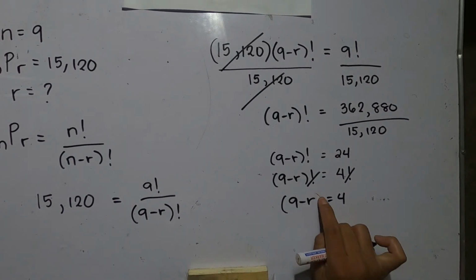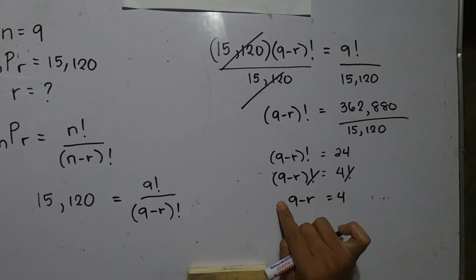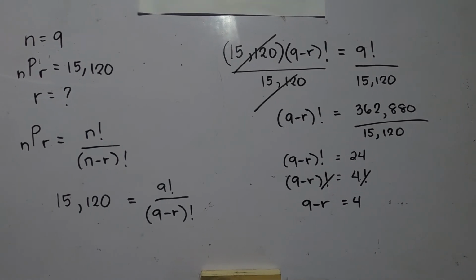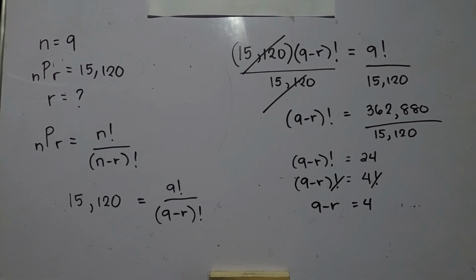We can now remove the grouping symbol, and you can use property of equality to manipulate and solve for the value of r.